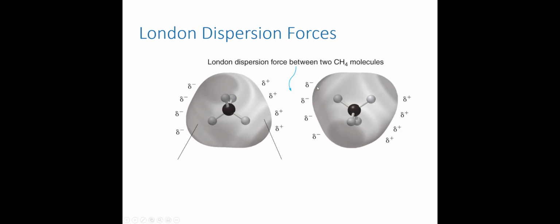Its electrons are attracted to the positives of the next door molecule, and so we have a temporary attraction here. And when these electrons come back, the molecule is back to being neutral. These electrons go back to their place, and the attraction disappears. So this is a very, very small attraction for CH4 molecules. Let's go ahead, though, and see what could happen if we had molecules that are larger.